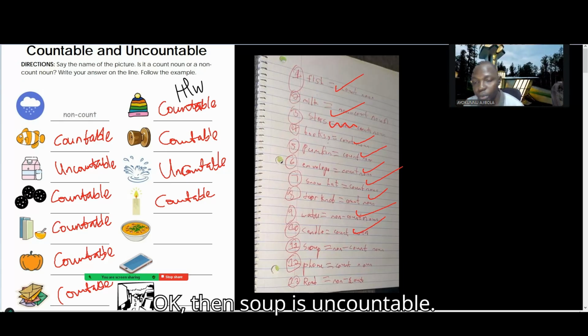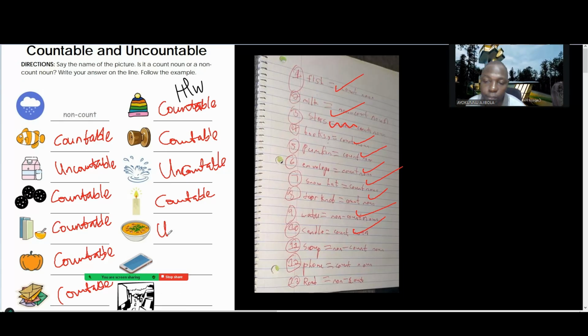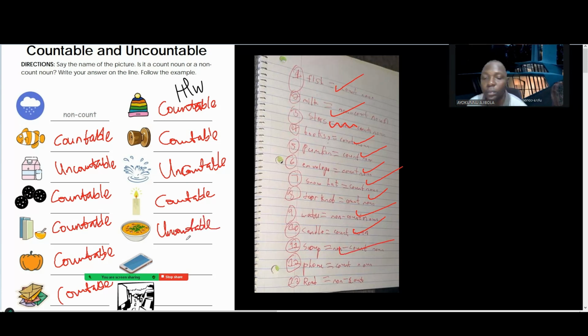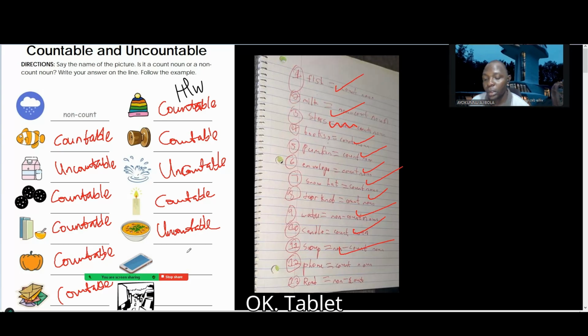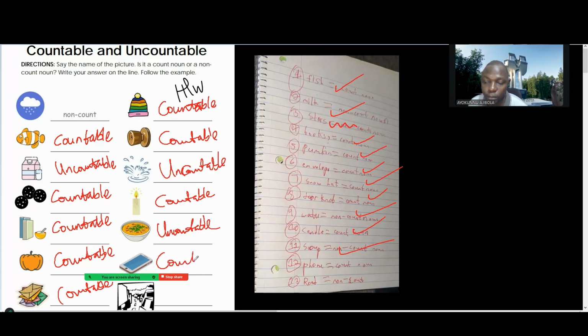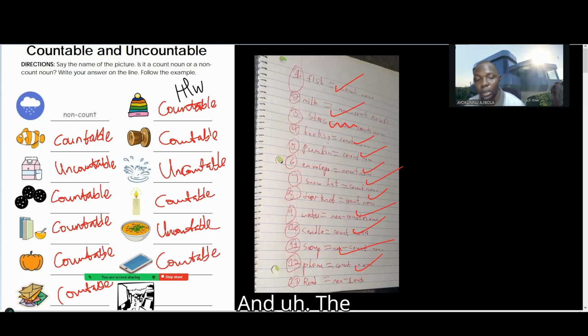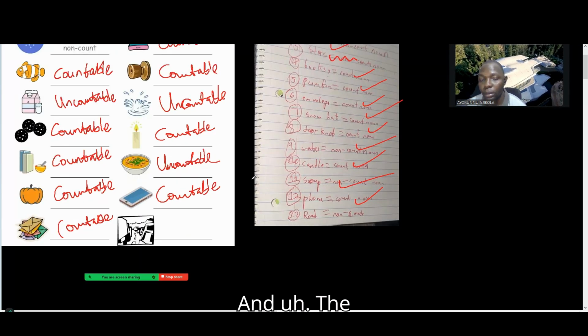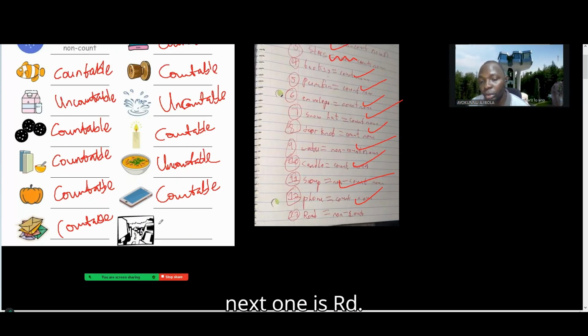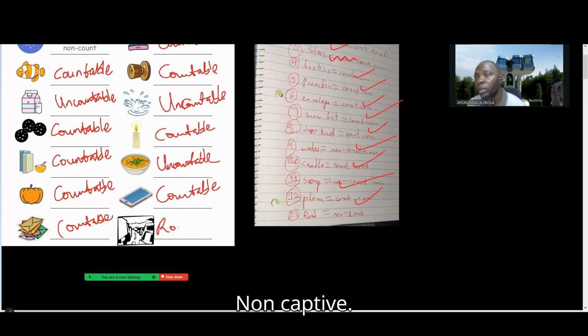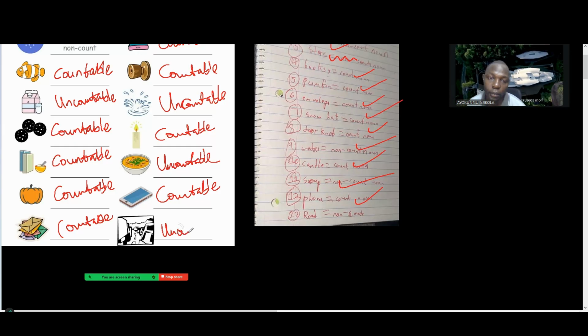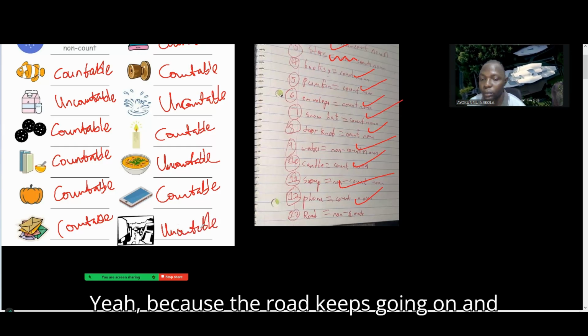Okay. Then soup is uncountable. Tablet is countable. And the next one is road, non-countable, because the road keeps going on and on.